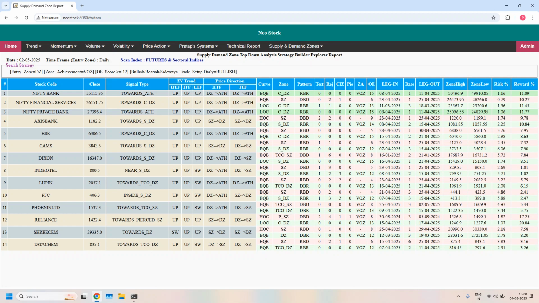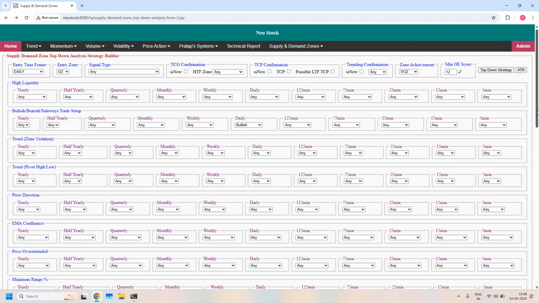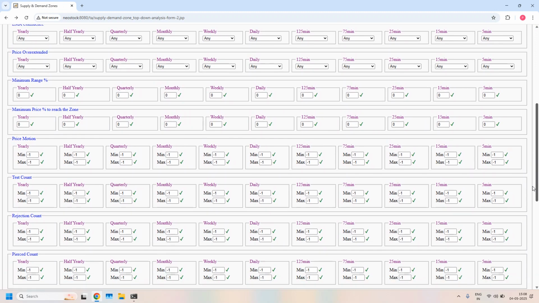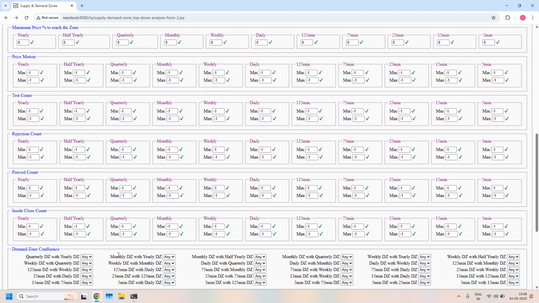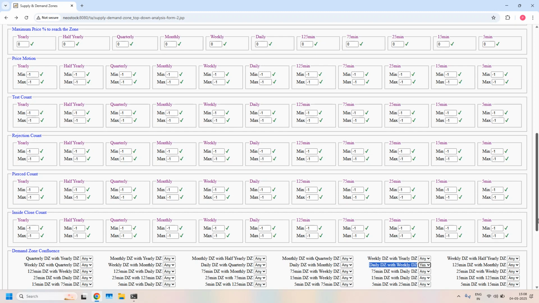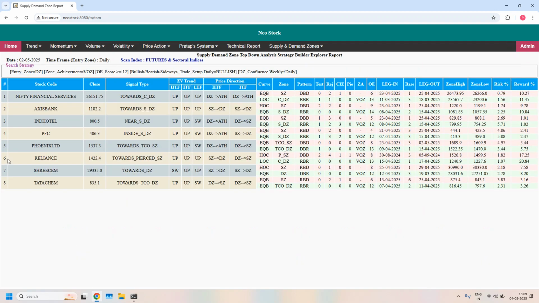So for these 14, let us identify high probability trade setup zones based on zone confluence. So I am going back. In the demand zone confluence, I am enabling the daily demand zone with weekly demand zone confluence filter. With this filter, we got 8 stocks.